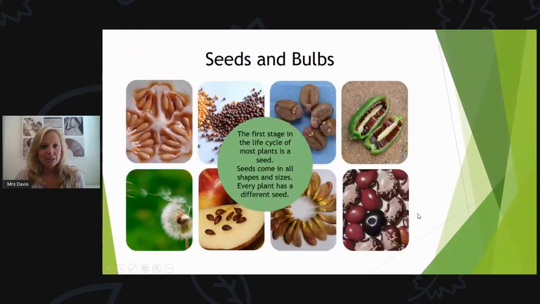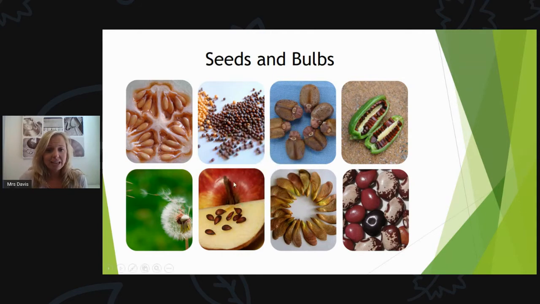So we're going to move on and we're going to start off today by having a think about seeds and bulbs. Okay, so the first stage in the life cycle of most plants is a seed. Seeds come in all shapes and sizes and every plant has a different seed. I'm sure that you've seen seeds because in lots of your food, your fruit, you'll have seen seeds.